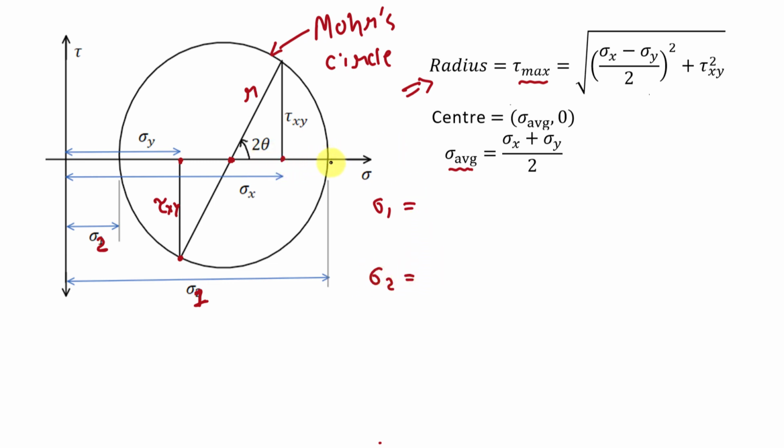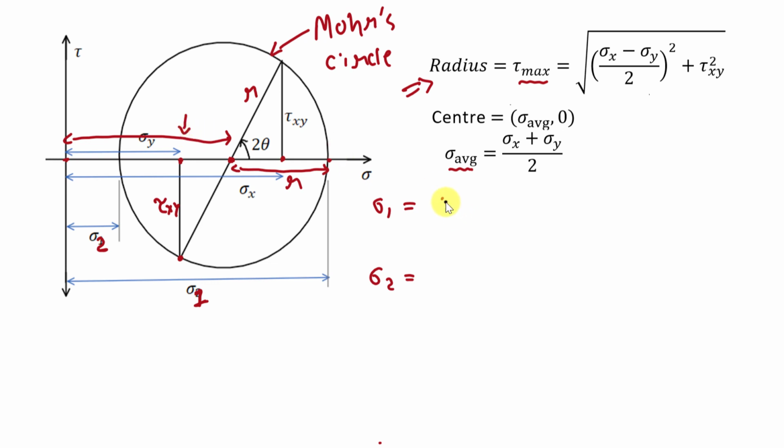Now here we know that distance between this point and this point is sigma 1, meaning maximum principal stress. And to find out this distance we have to take sum of this distance from this point to center point of this Mohr circle, and from this point to this point, that is the radius of this Mohr circle. Now what is this distance?